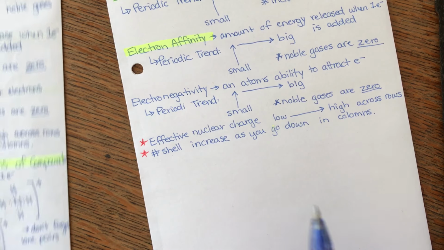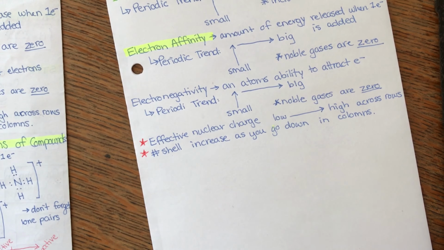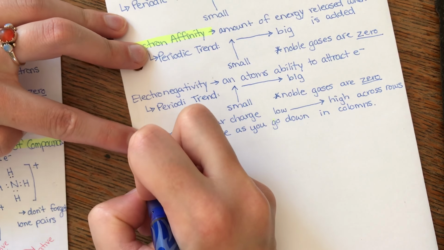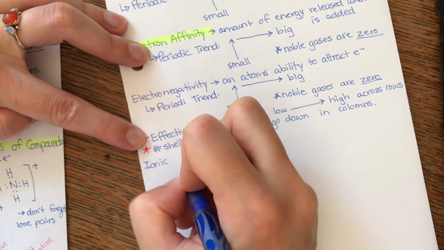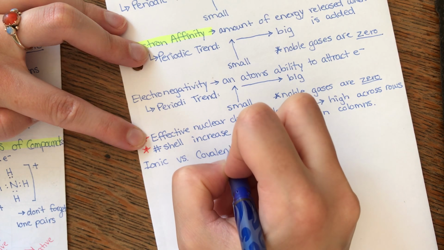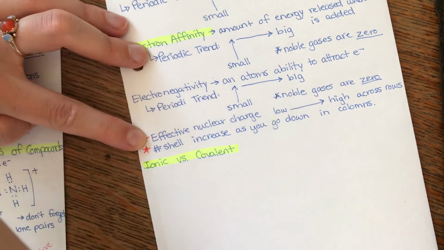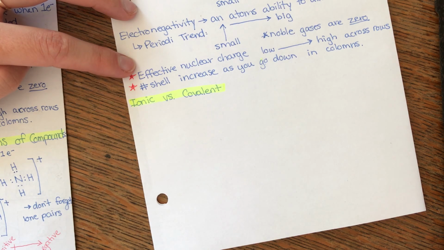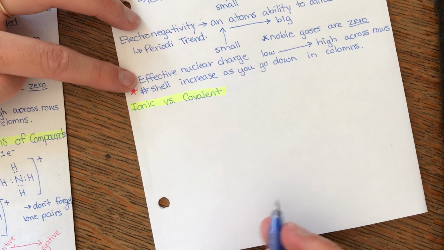Okay, so next we're going to look at ionic versus covalent compounds. So over here, ionic versus covalent. And we're going to write down some properties. So this is back to that lab that we did where we were comparing ionic and molecular compounds.